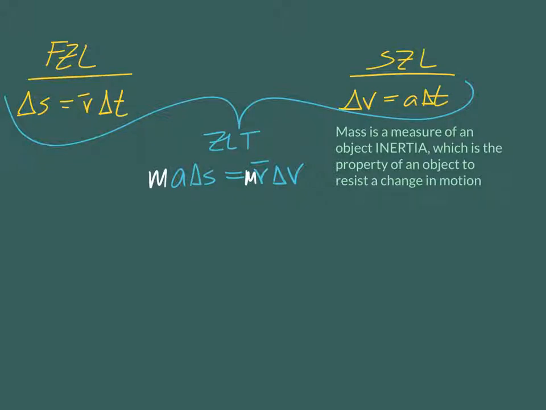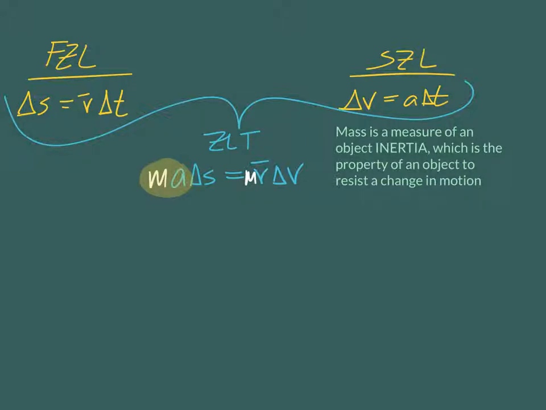Well, what does that do for us in terms of energy? Well, I'm hoping that you recognize that MA, what is MA? According to Newton, force. All right, so that's force.